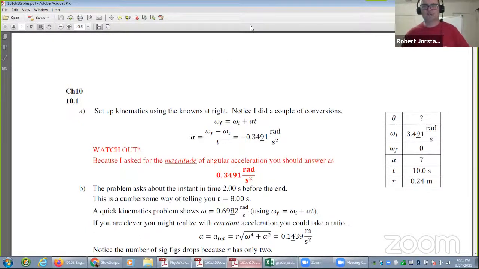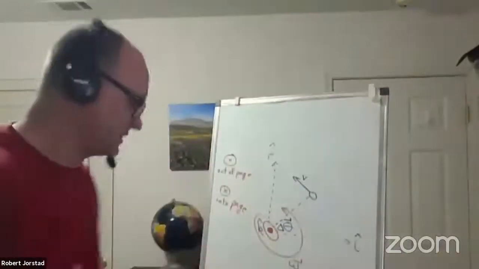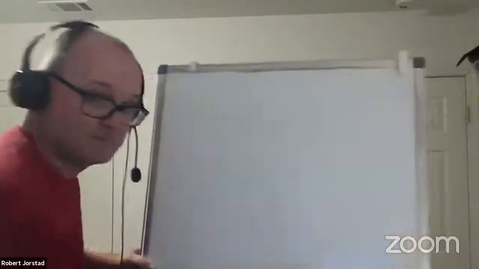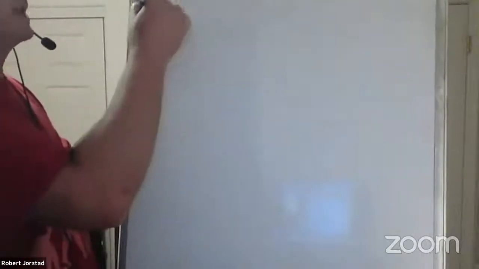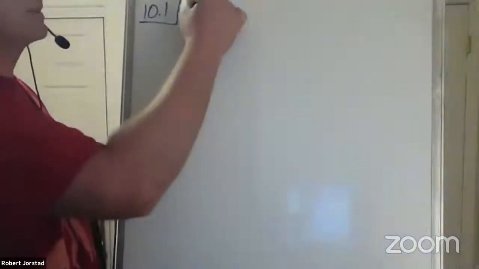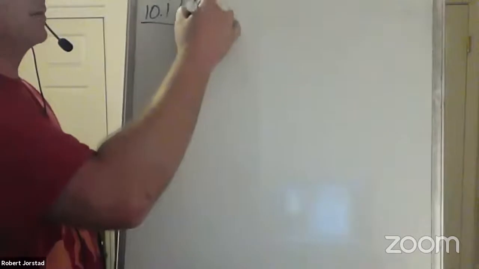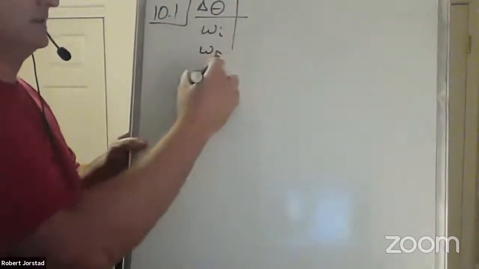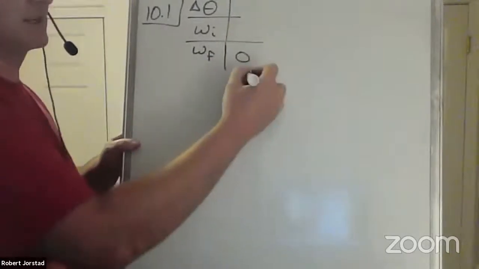Now, got it. So if you want, we could just kind of look at this. What is this one? 10.1, right? 10.1. You're going to make a list. Theta, delta theta, whatever you want to call it. Omega initial, omega final. Here it was 0 because it comes to rest.